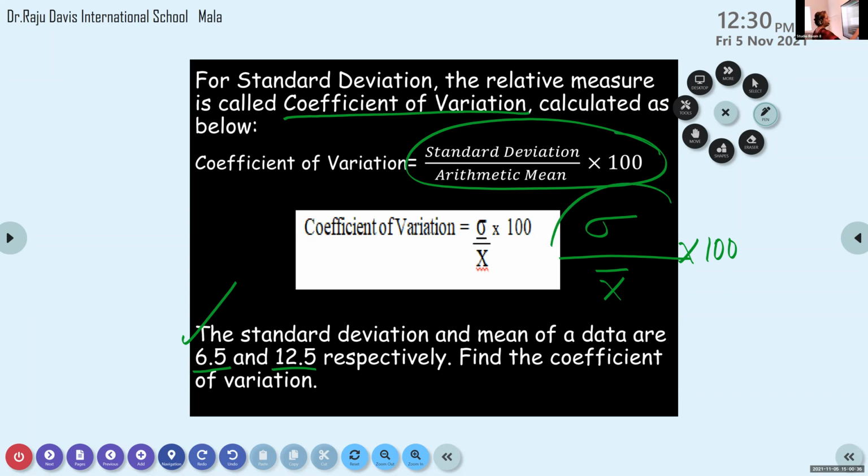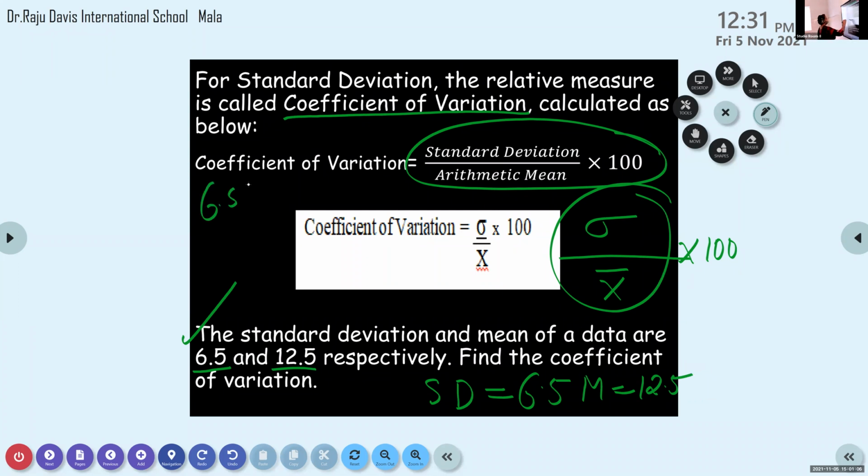These are the symbols we are using. Standard deviation means sigma, arithmetic mean means x bar, into 100. Here SD is given as 6.5 and mean is given as 12.5. Apply this. That means 6.5 divided by 12.5 into 100.